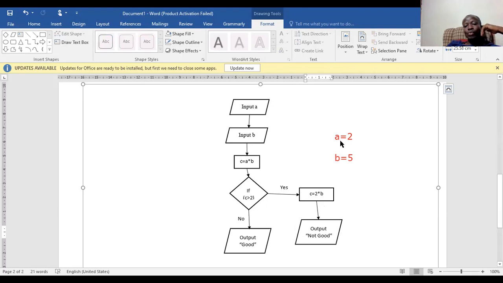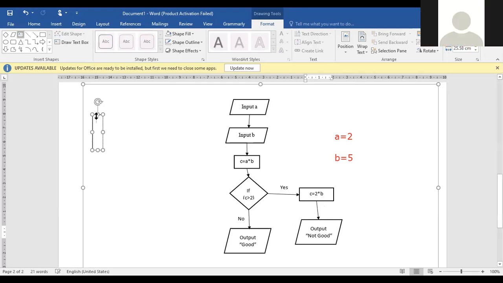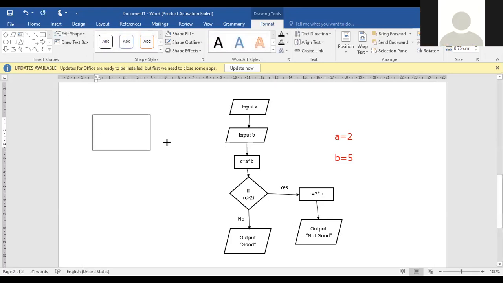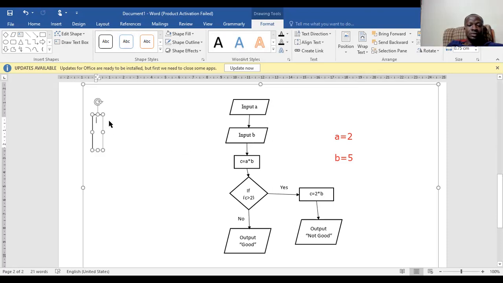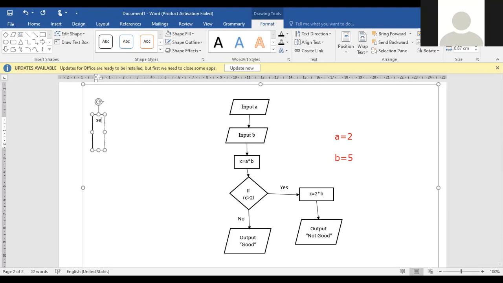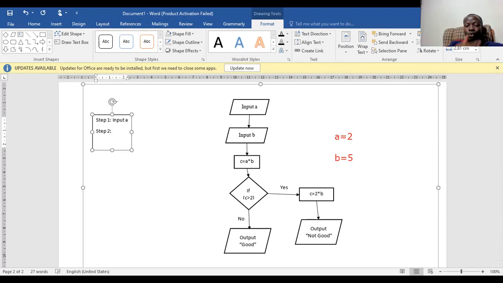Now, as opposed to writing this, you can also write these instructions using steps. You can just say step 1, input A, step 2, input B. This is a kind of pseudocode, as if you are coding, but really this cannot run on any computer.